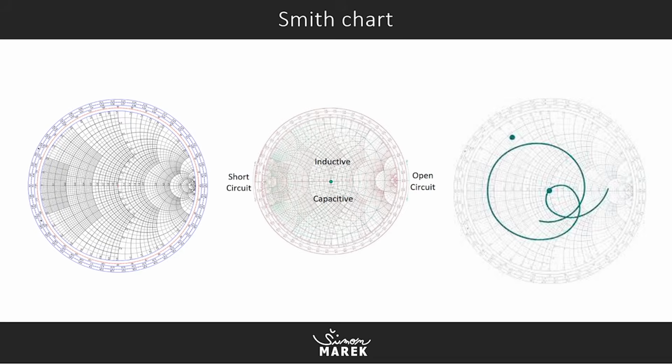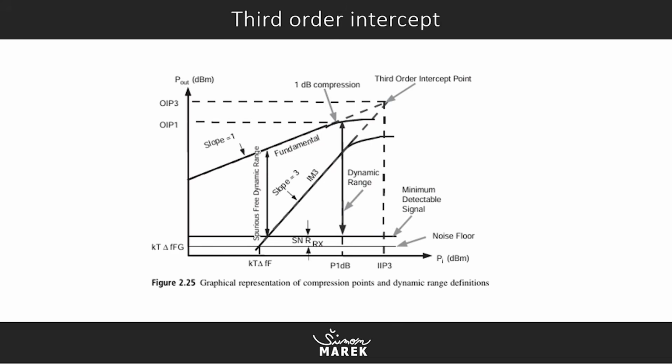impedance of a circuit. There is another very important thing for amplifiers and RFIC circuits, which is called the third order intercept. Here is our input power in dBm, and here is our output power. If we increase our input power, our amplifier will amplify.